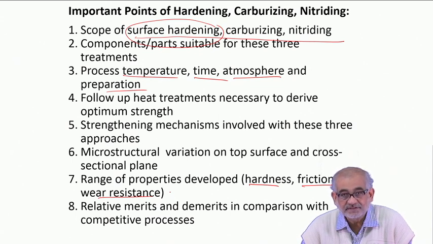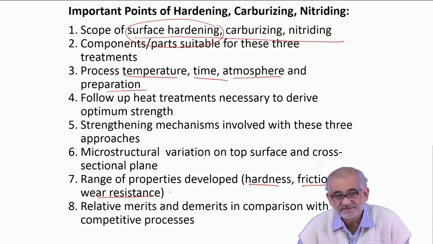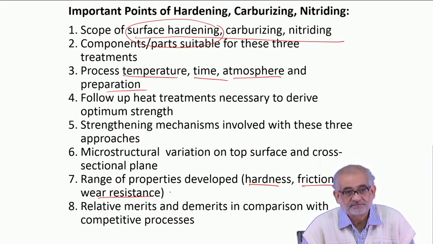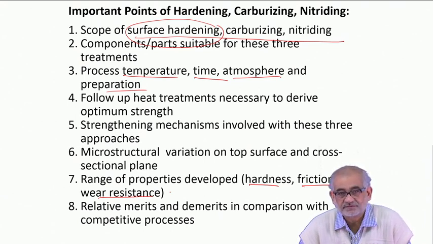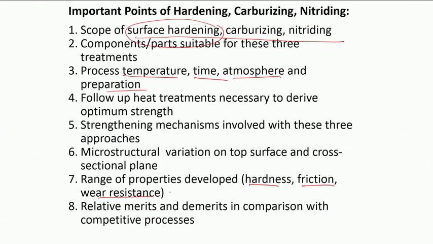So at the end of these last few lectures, maybe starting from the 21st or one of those lectures, wherein we started discussing all these hardening processes, and in fact even before hardening processes we discussed the shot peening processes, now is the time for all of you to sit down and take stock of what you have learned.